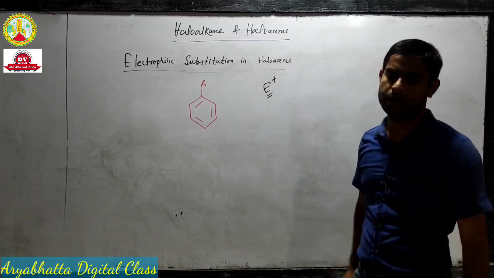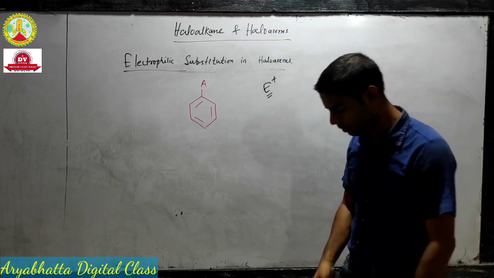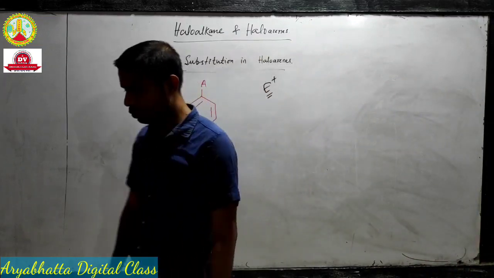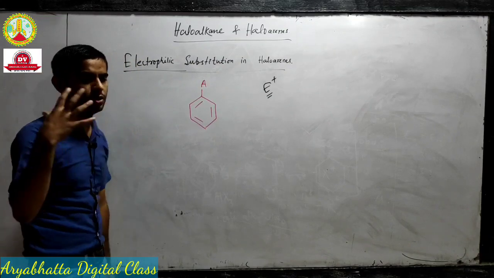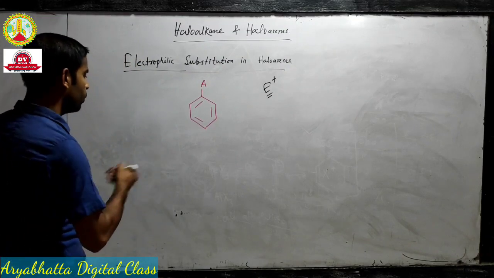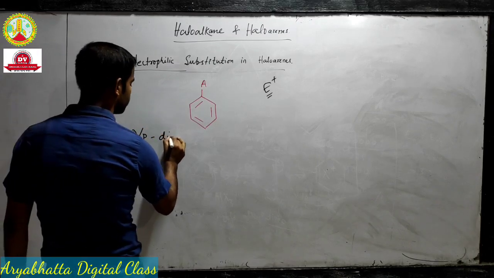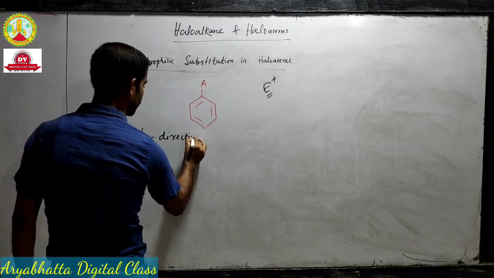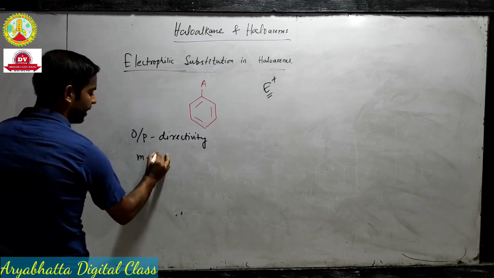To which carbon will the electrophile go? To answer this question, we have to understand two things. One is called ortho-para directivity and the other is meta-directivity.